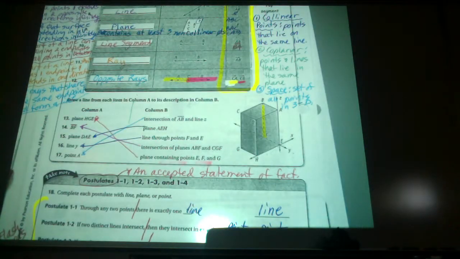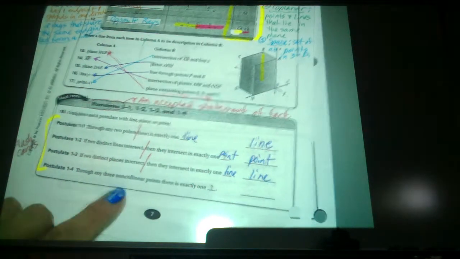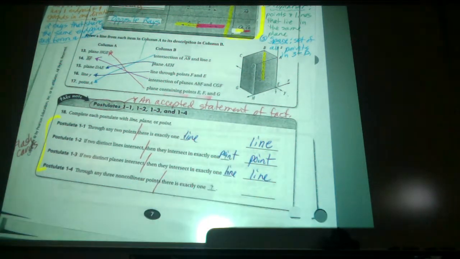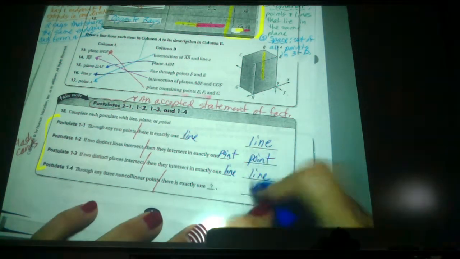So it contains at least three non-collinear points. That's the true definition of one. So through any three non-collinear points, isn't that the subject of the sentence? There's a slash there. That's the front of your flashcard. There's exactly one plane.